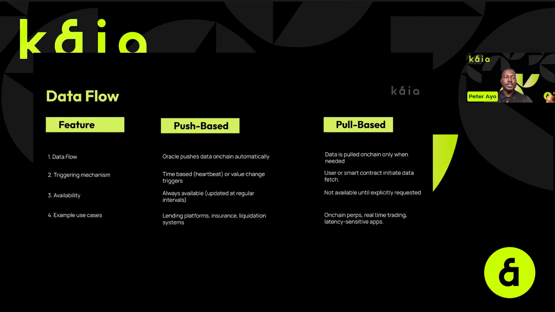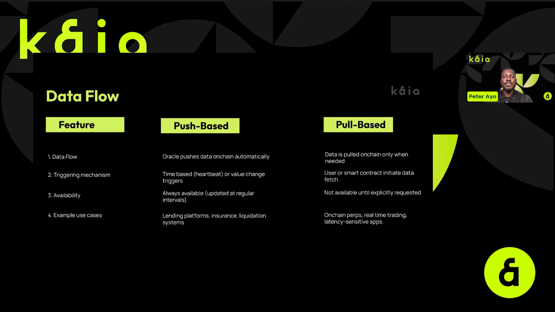Now, what is heartbeat rate? This is time in seconds. Or you might say you want your Oracle to be pushing an update to the smart contract on-chain every 10 seconds, right? So it continually pushes an update to the smart contract on-chain every 10 seconds. That's the heartbeat rate, right?